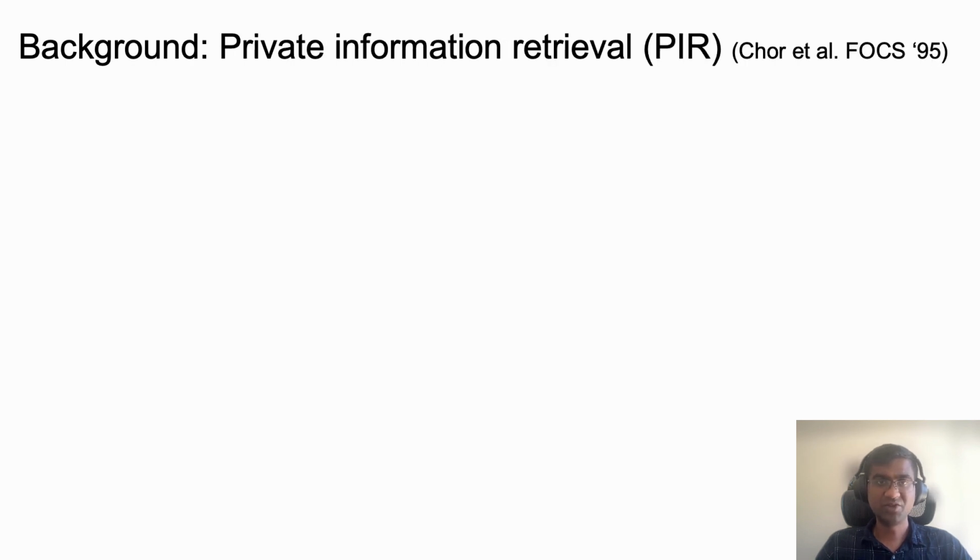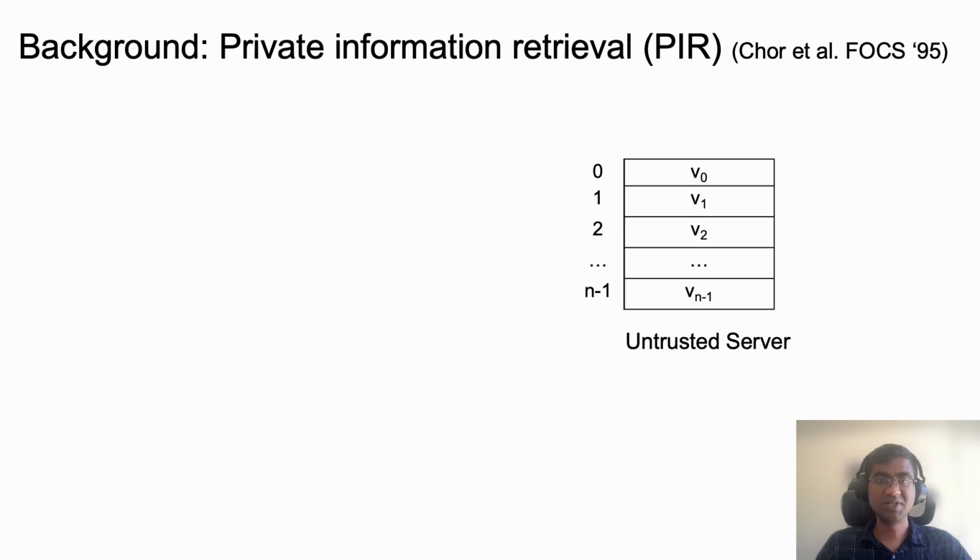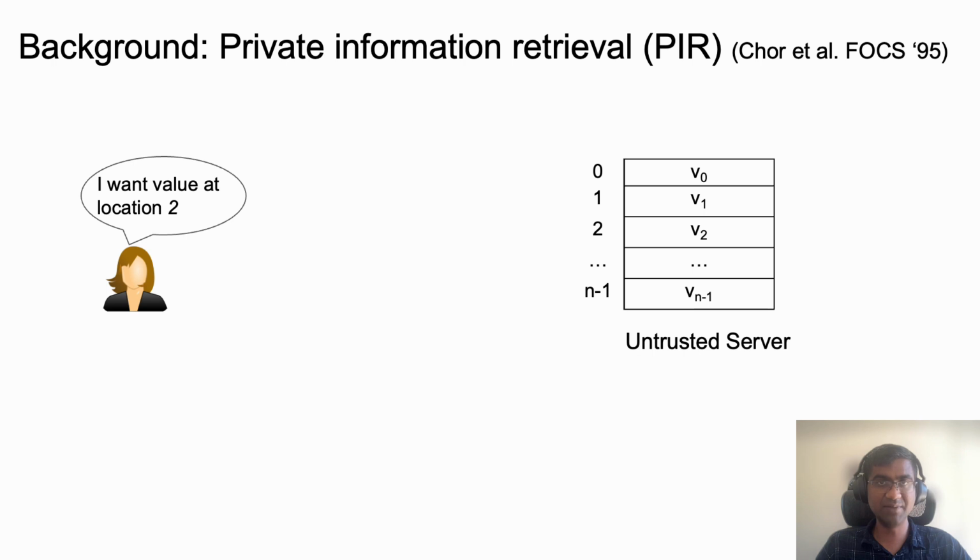Next comes private information retrieval, or PIR. PIR allows a client to retrieve an element from a particular array location privately. Suppose an untrusted server has an array of n elements indexed from 0 to n-1, and the client wants to retrieve the element at a particular index. To retrieve it privately, the client first constructs a PIR query, which is an array of encrypted zeros and one: an encryption of 1 only at the desired index, and encryptions of zeros at all other places.